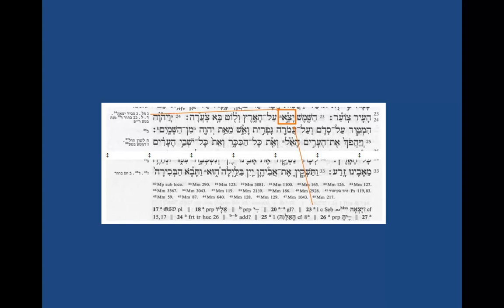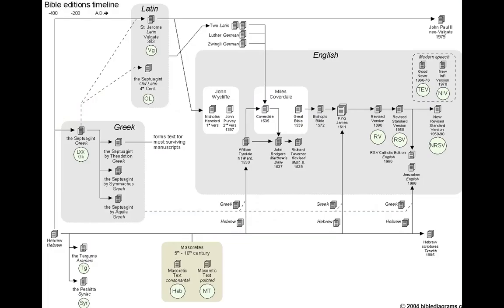And it is the Masoretic text that is really the source that is used to give us our English translations. So we're going to look at this chart. We're not going to worry about the New Testament versions. We're looking here at the Hebrew Bible.